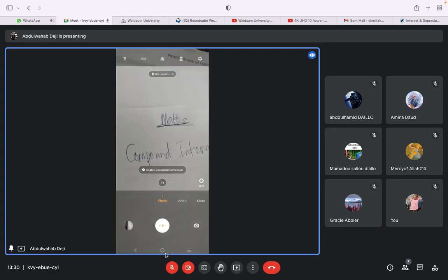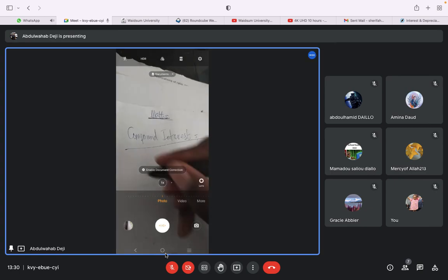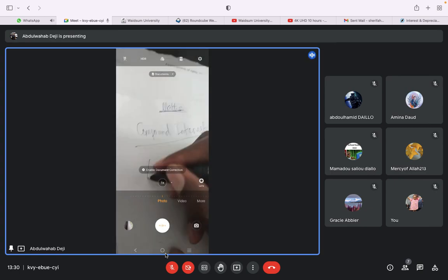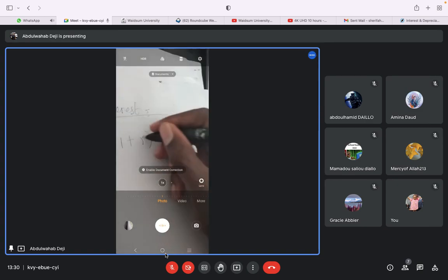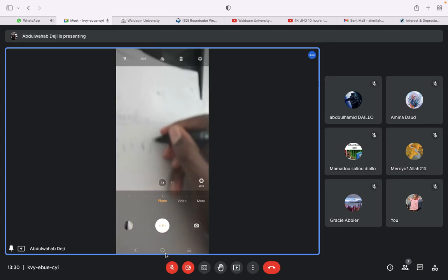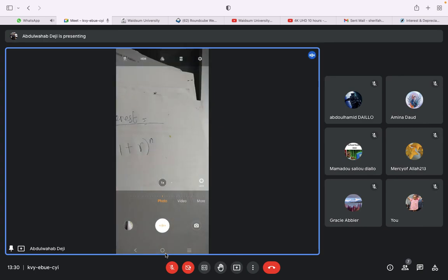Instead of doing first year, first year principal like the one I was explaining manually just now, we have a formula. The formula is amount is equal to the principal, bracket, 1 plus the rate, raised to power n. N is the number of years. This is the formula.